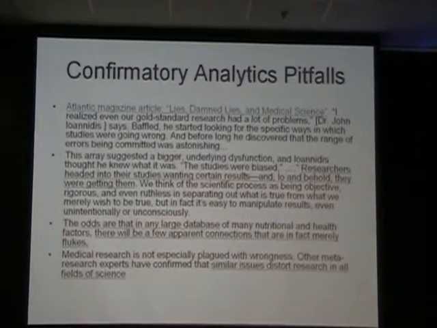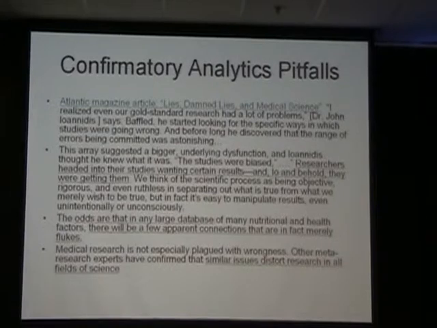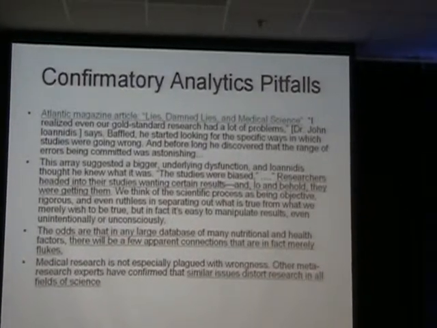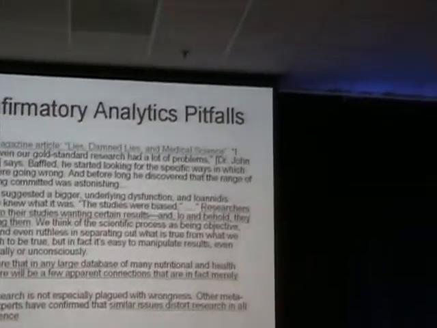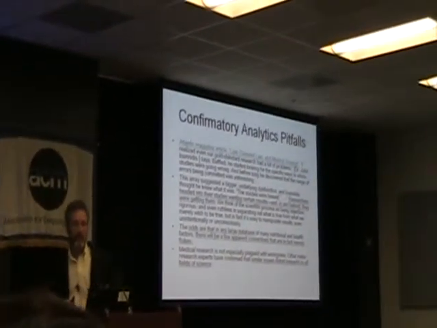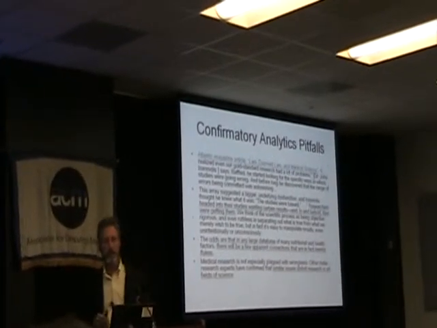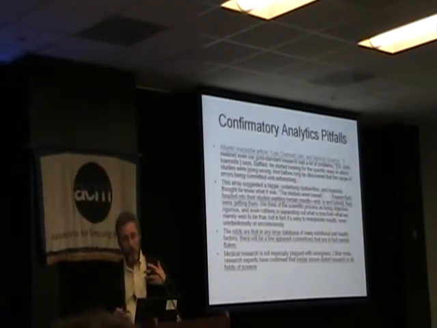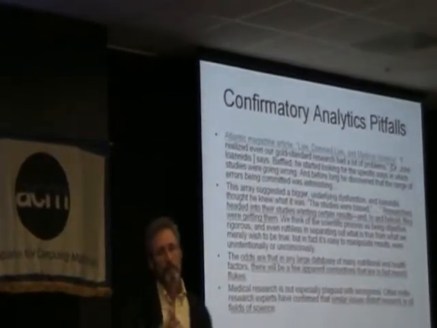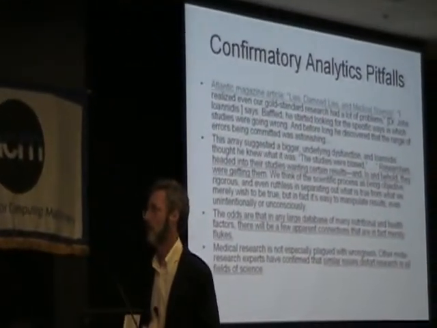Well, Dr. John Ioannidis actually went back and did a very thorough study of all these kinds of mistakes that were made, and he kept seeing this pattern over and over again. Researchers were continually making the same mistakes. Their studies were biased. What they were doing every single time was essentially letting their own desires about the research impact the actual analysis of the data.